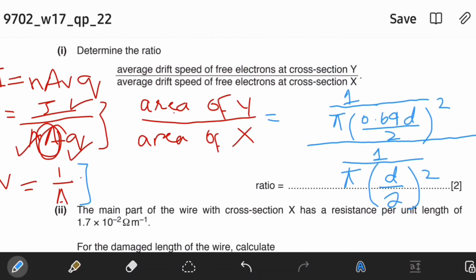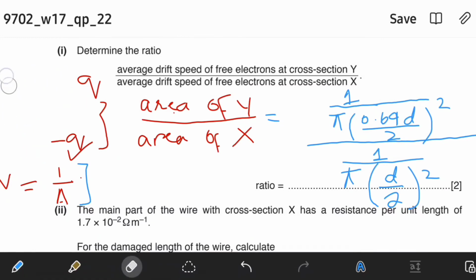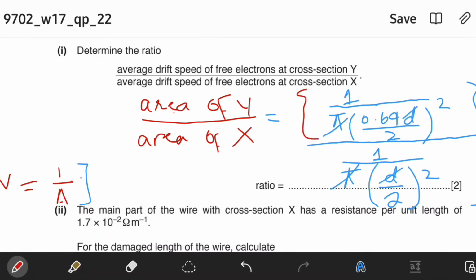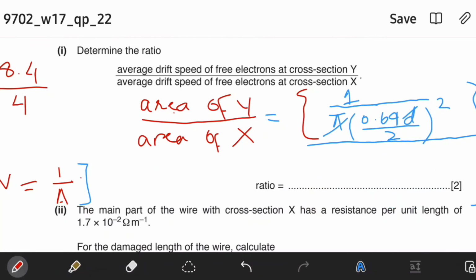Let me erase for some space right here. I'm continuing this here. So just do this calculation. You know that these things are going to be cancelled out. So let me write this simplified form here. This part right here is giving us 8.4, and this part is giving us 4. So 8.4 divided by 4 is 2.1. The answer is 2.1.